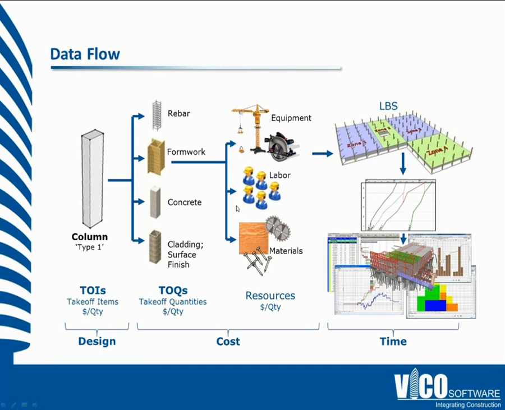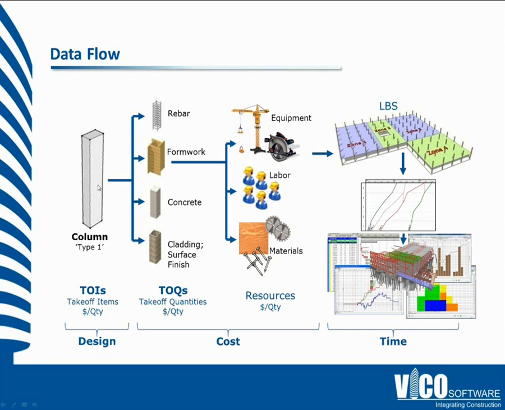That's important to point out that you can be as granular as you want in this data structure. If you're working at a very high level, if you're a CM, you don't self-perform anything, you can work at a subcontractor level of granularity. If you're self-performing this, or if you want to track your subs at a very detailed level, you can have very detailed resources, detailed tasks. The system will support either method.